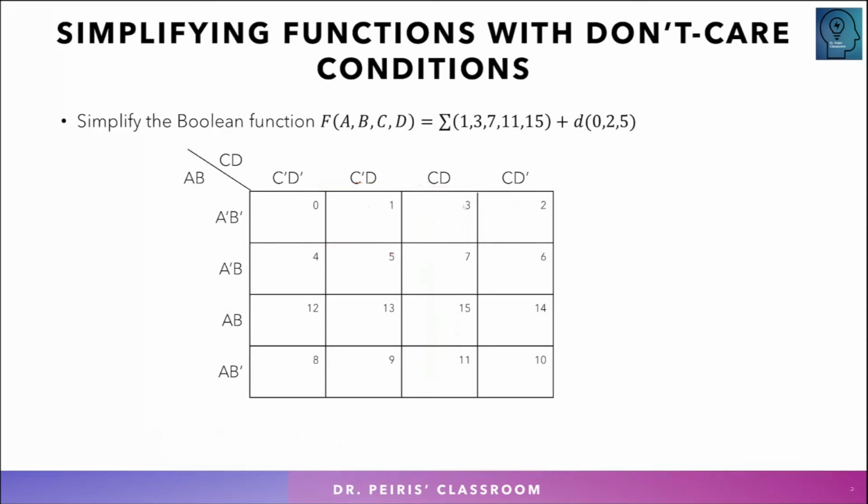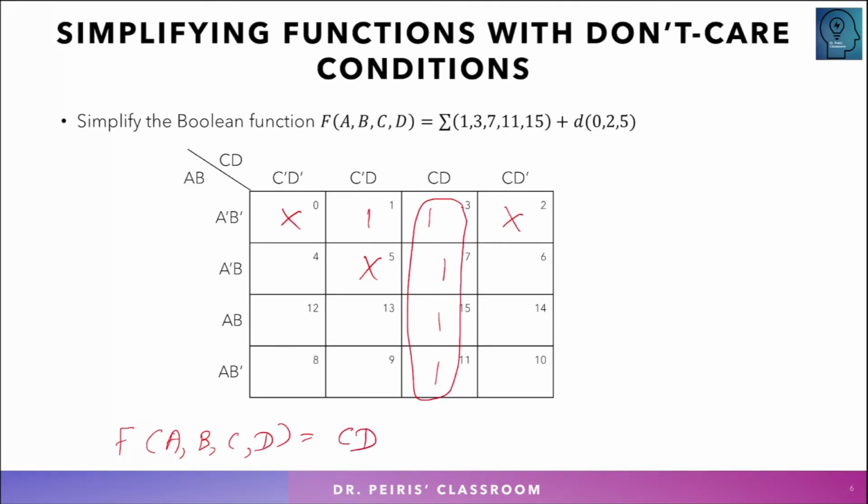Now it's the same question I'm going to show you the other way. 1, 3, 7, 11, 15. Crosses are at 0, 2 and 5. It's the same thing, I just want to show you the other grouping. You can do either one in this question. So we do this one as we did before. This group corresponds to CD, because it is the column CD. Now in the previous one I did this one, but now I'm going to do this grouping.